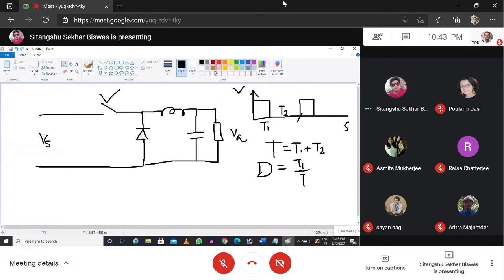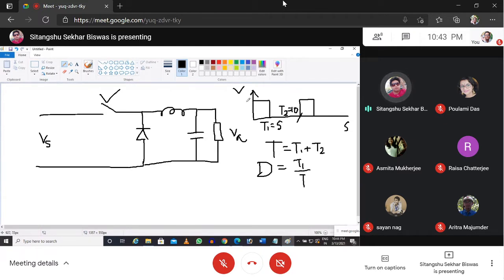Now, say for example, this T1 is equal to, say, 5, and T2 is equal to 10. So total period is 15.